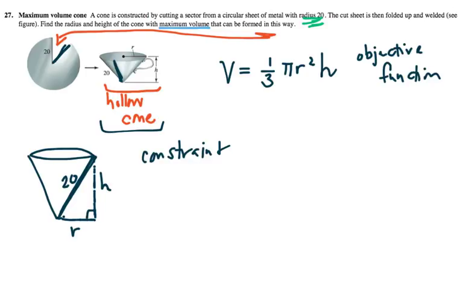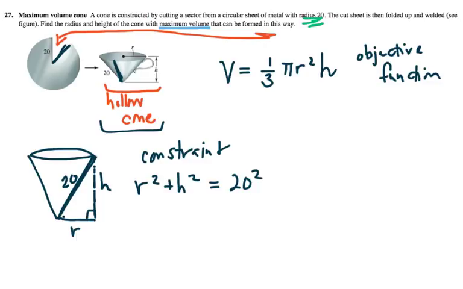So maybe instead we could think about the Pythagorean theorem. The Pythagorean theorem would tell us that r squared plus h squared is equal to 20 squared. So now we have a way to relate r and h and a number.